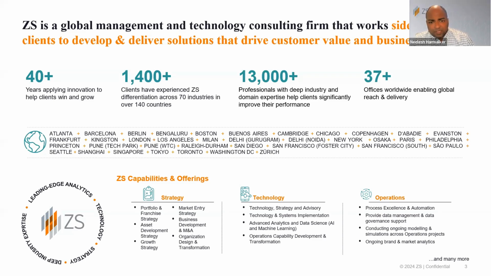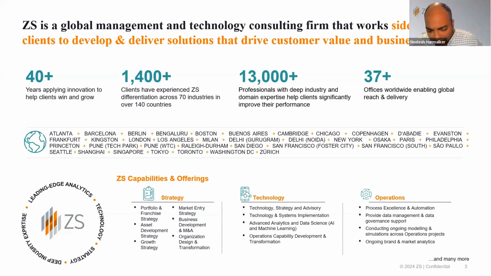A little bit about ZS. We are a 40-year-old company. We celebrated 40 years this year. We have a little over 13,000 people globally, spread across the Americas, EMEA, and Asia Pac. As you can see, we have 37 plus offices around the world.